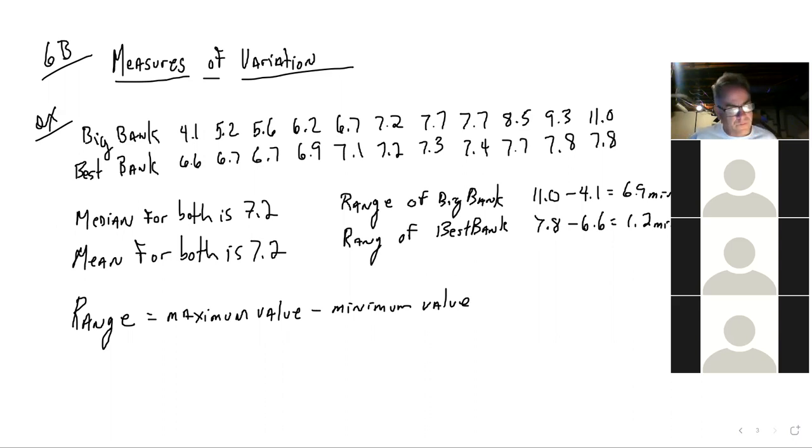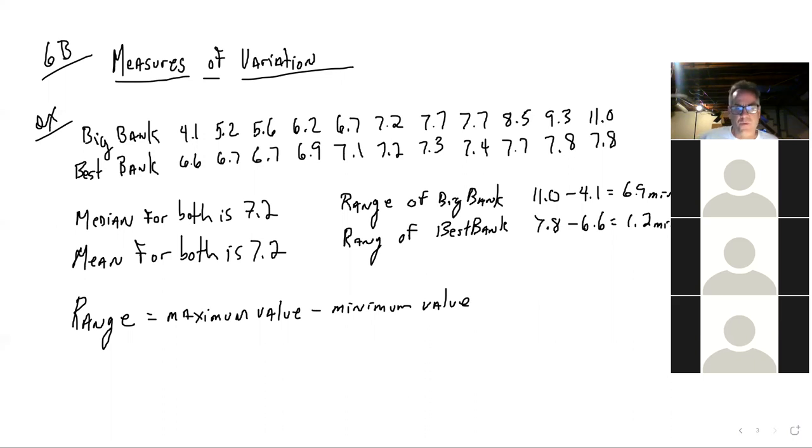Now, in this particular example, looking at range does give you a pretty quick indication that one data set has much more variation, even though the middle was the same. But that range can be very misleading, which is why we're going to need some other ways to measure variation.